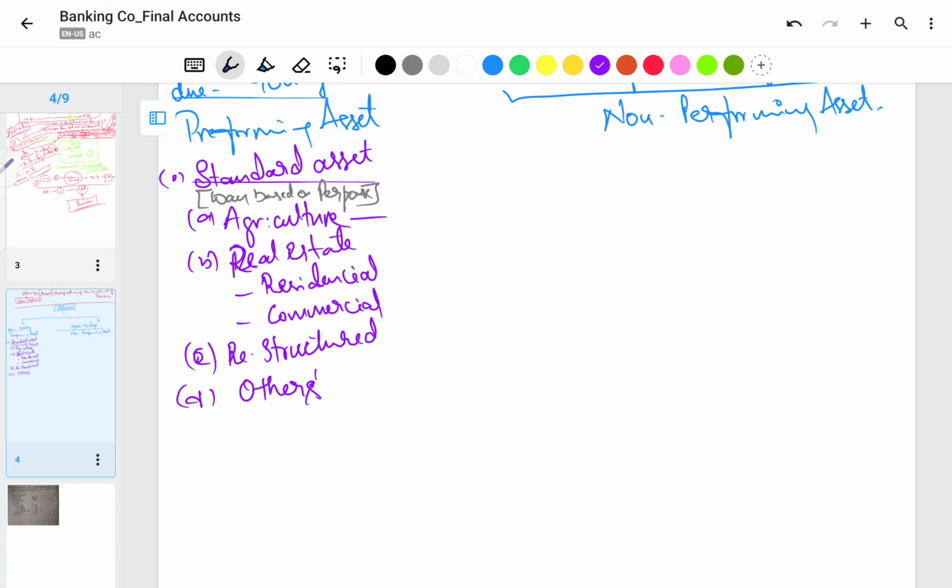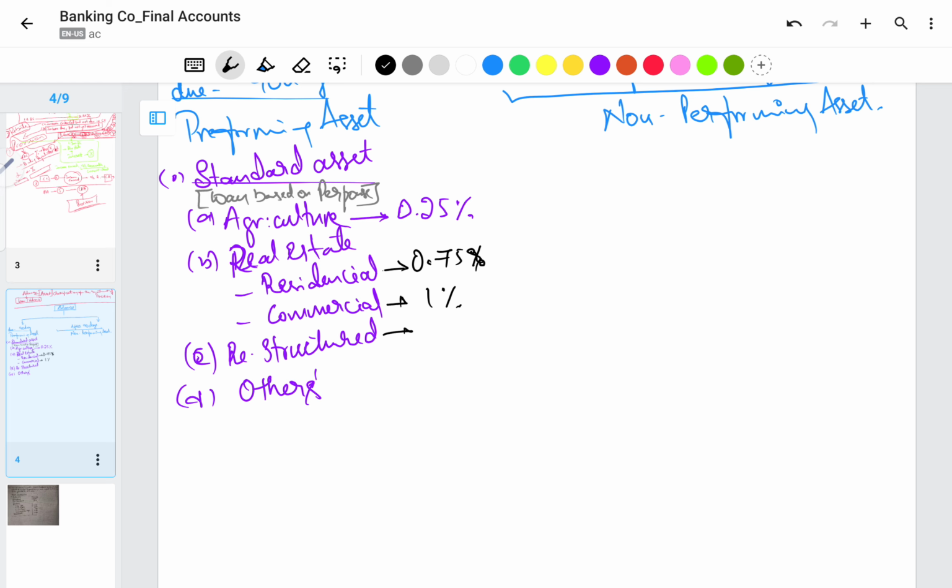Now, the Banking Regulation Act says if it is an agriculture purpose loan, then provide a provision of 0.25%. If it is real estate, for residential purpose, provide 0.75% of the loan. If it is commercial purpose, provide 1% of the loan.